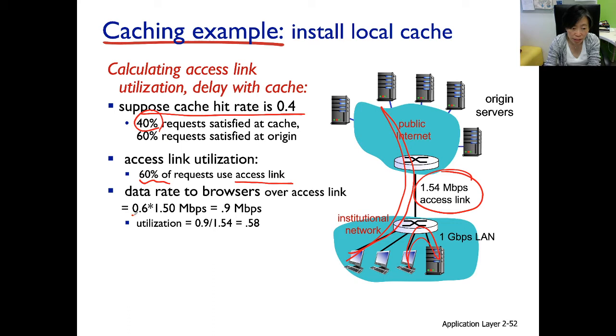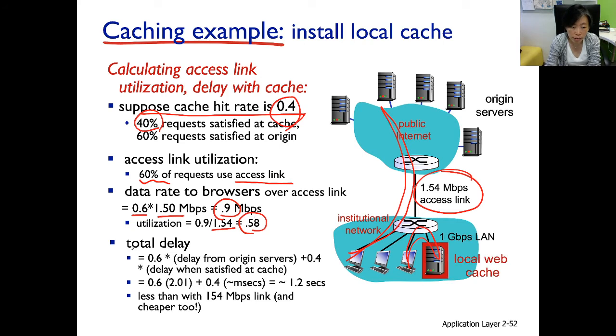And how much is that? 60% of the traffic, then it's only this much traffic on the 1.45 megabits access link, only 58%. So we cut the utilization from 99% to 58% if we ended up having this hit rate.